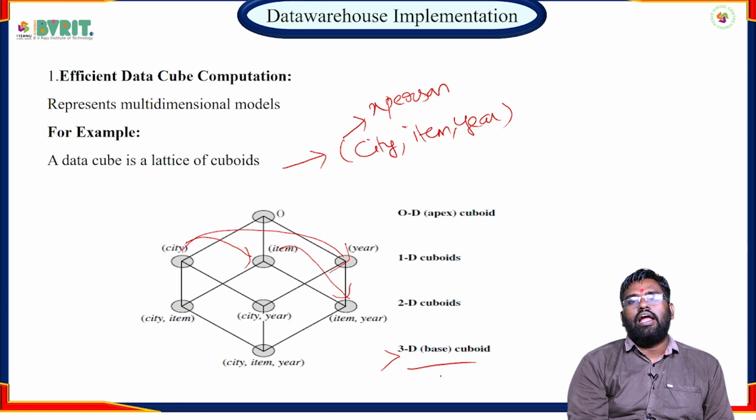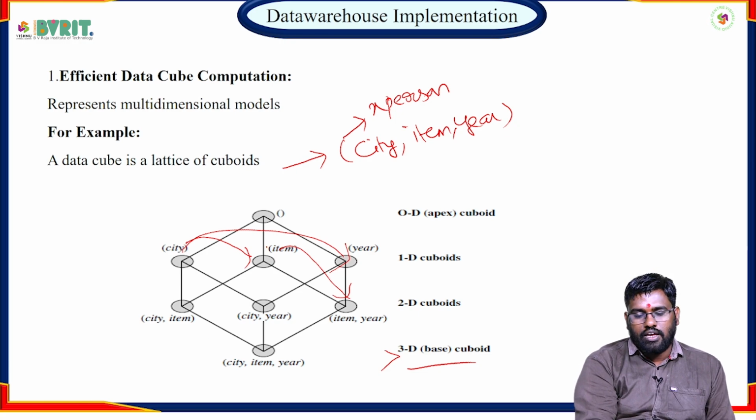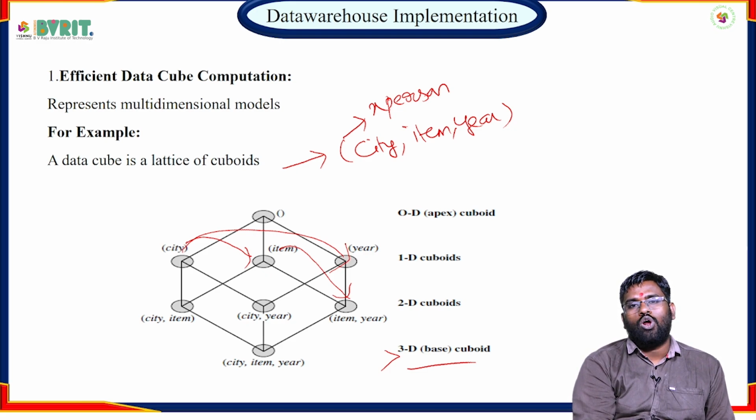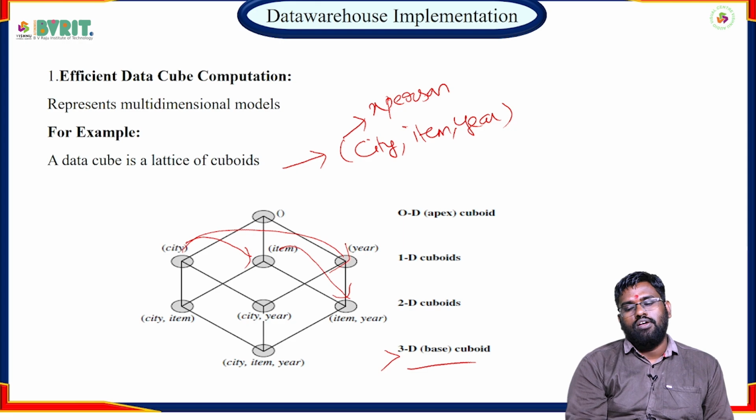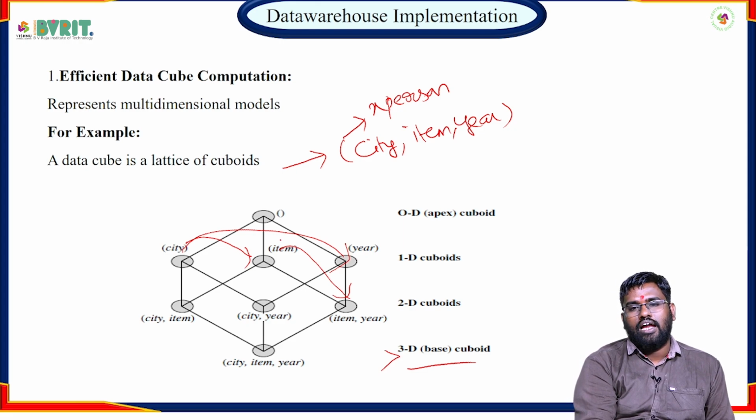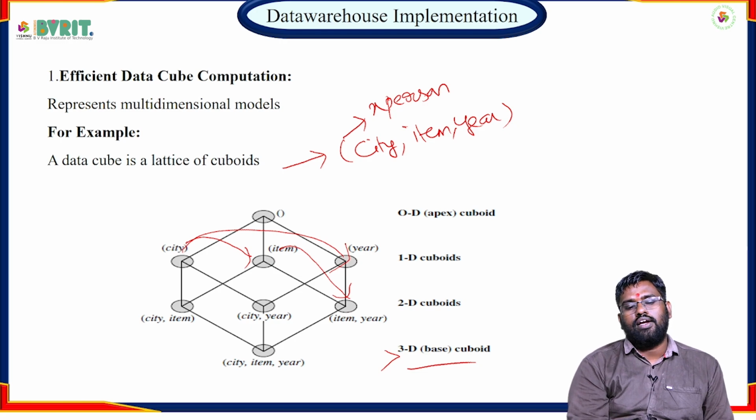Each circle is connected with 3 lines, that's why we call them cuboids. So one has no attributes, one has single attributes, one has 2 attributes, one has 3 attributes. That is called the efficient data cube representation.